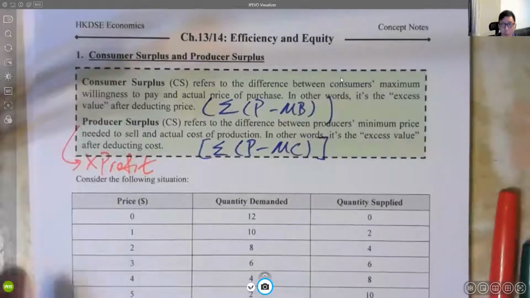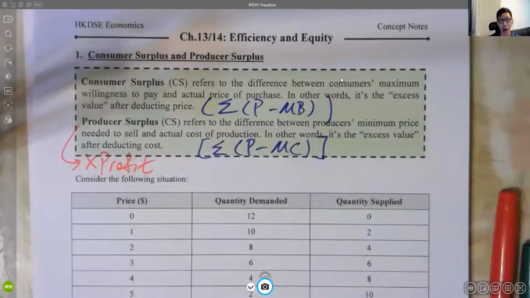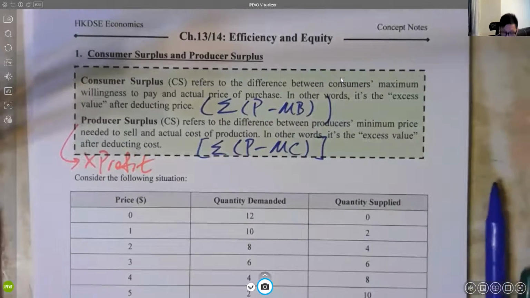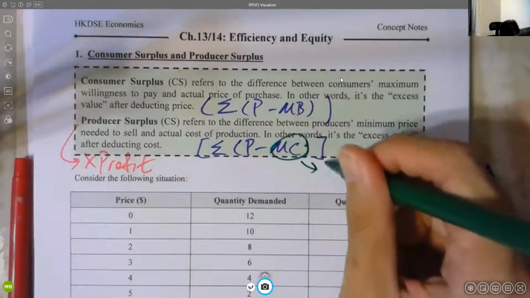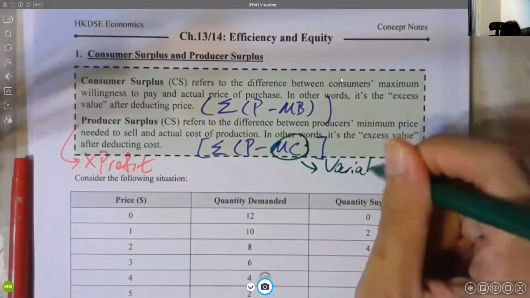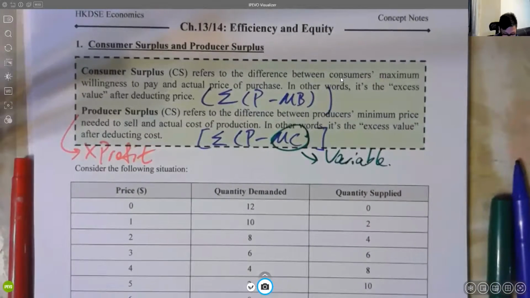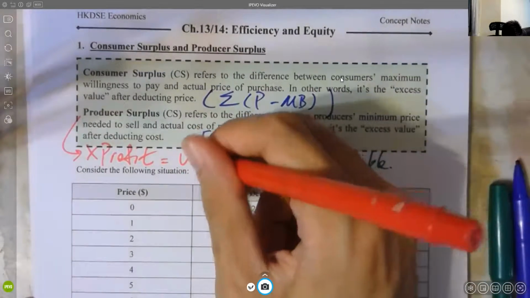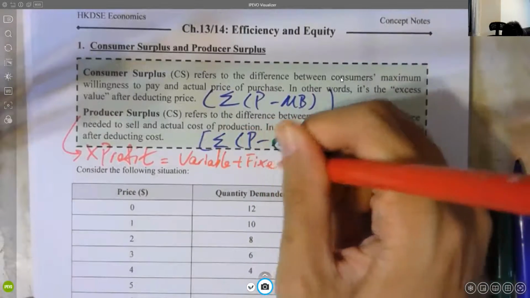So what would be the difference between profit and our PS? It would be like this. When we talk about marginal cost, this is purely variable cost. Versus when we talk about profit, we will be counting both variable and fixed cost.